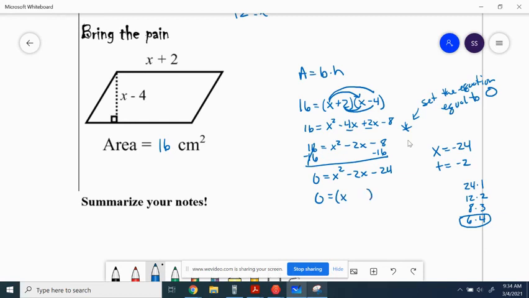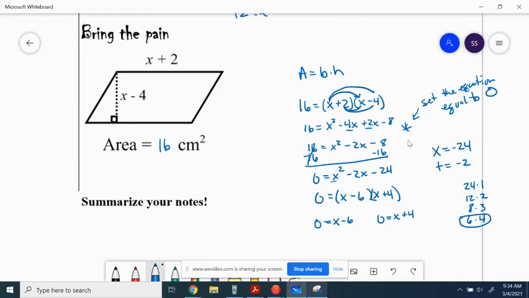So we're going to start this out. We know it's going to be x in the first parts of each of these brackets because our first term is x squared, okay? And it's going to be negative 6 plus 4. Okay, so what we have here is basically two different equations. 0 is equal to x minus 6, and 0 is equal to x plus 4. So what would our values of x be?